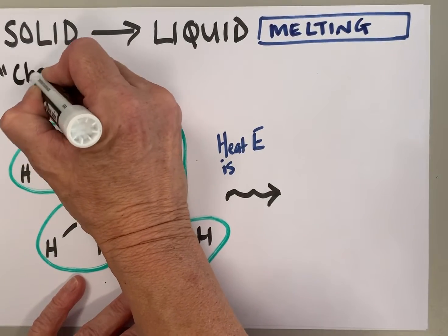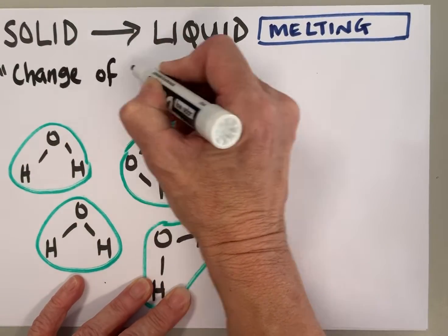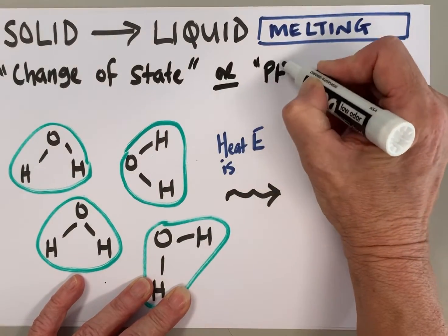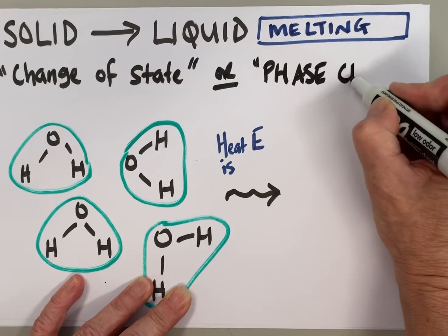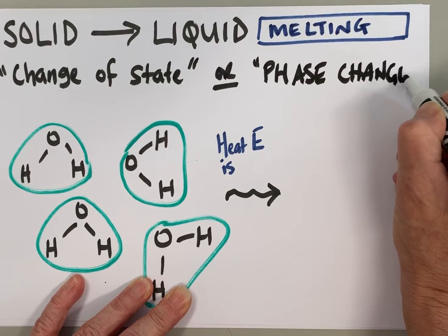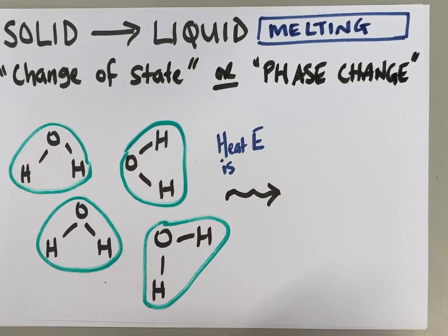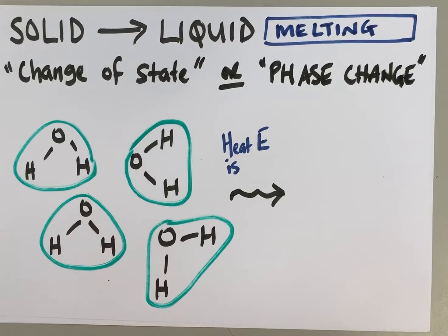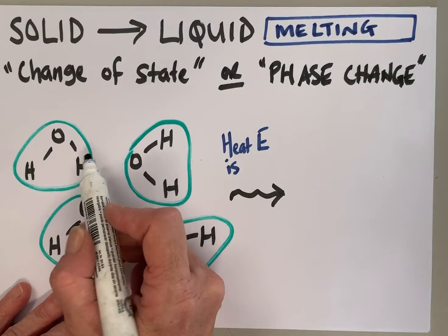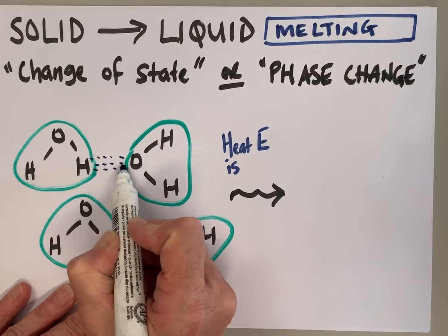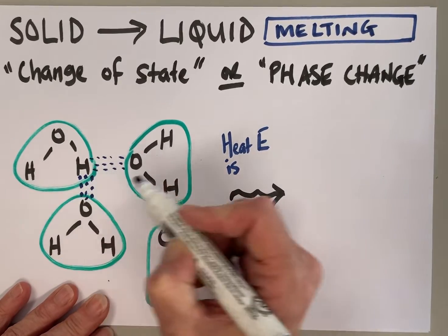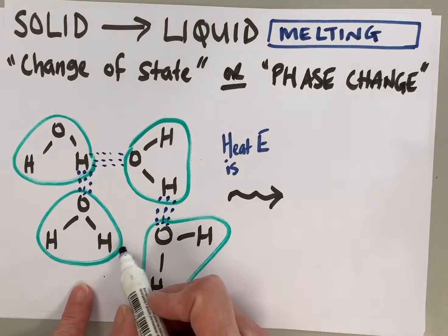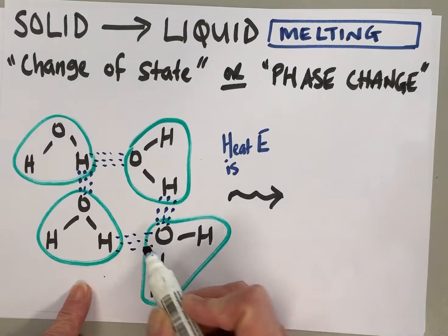It's either a change of state, which is probably what you're used to, or often it's referred to in this course as a phase change. So each state is called a phase. Okay, so change of state or a phase change. And you'll notice I've got just 3 water molecules here, and in a solid you've got lots of WIFs holding that solid in place, so holding the ice together if it's water. Okay, there are lots of WIFs.